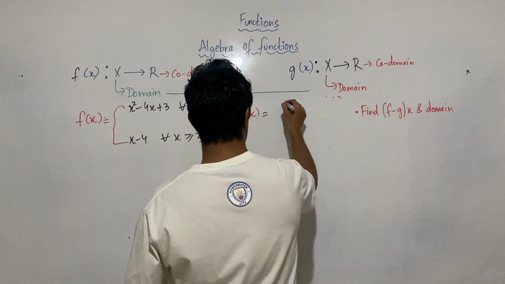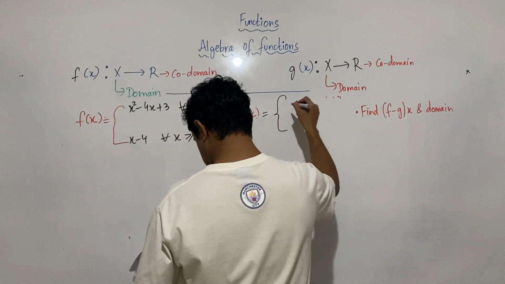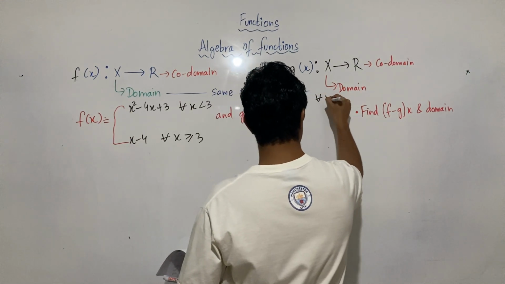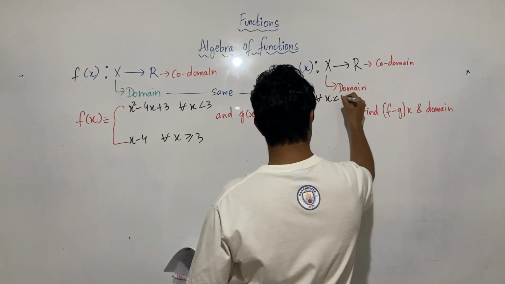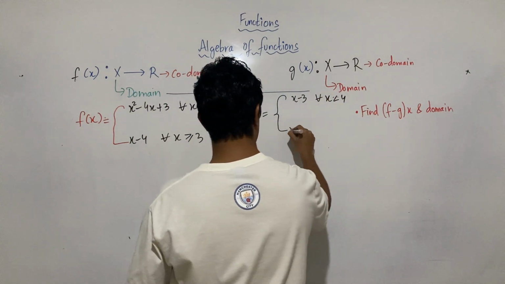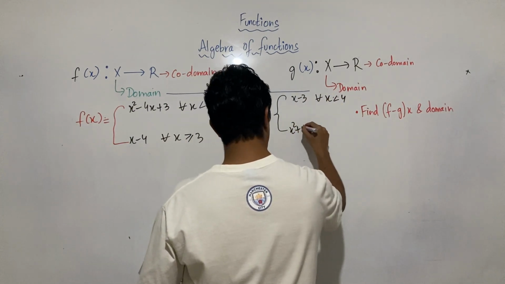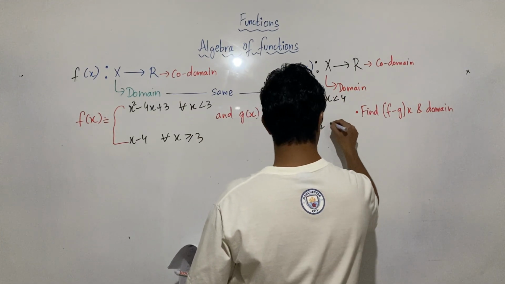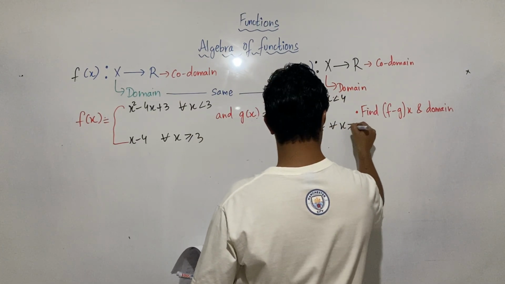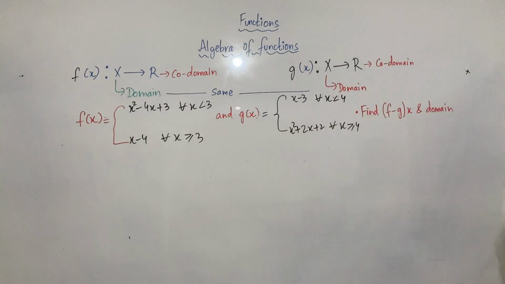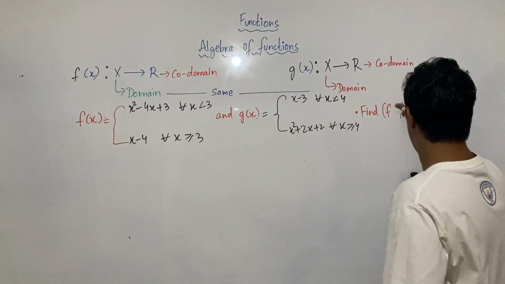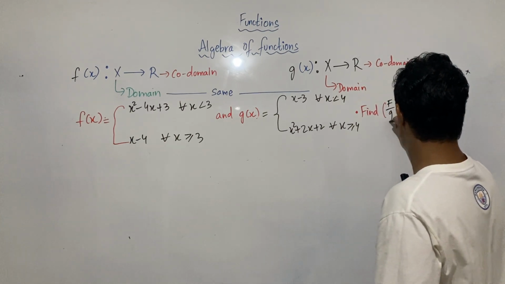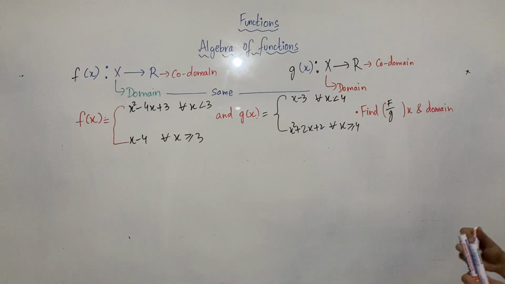And your g(x) is x minus 3 for all x less than 4, and x square plus 2x plus 2 for all x greater than or equal to 4. Now you have to find (f by g)(x), and you have to also find the domain.